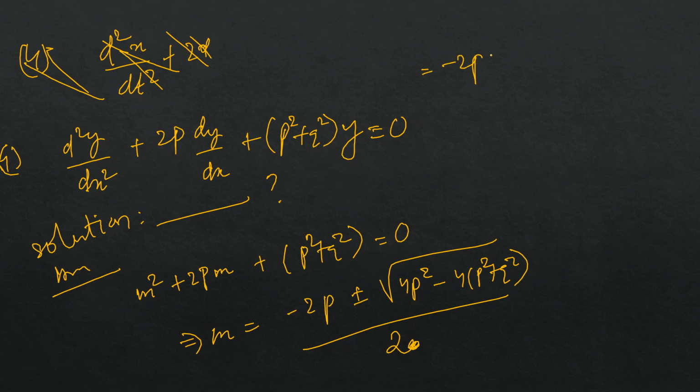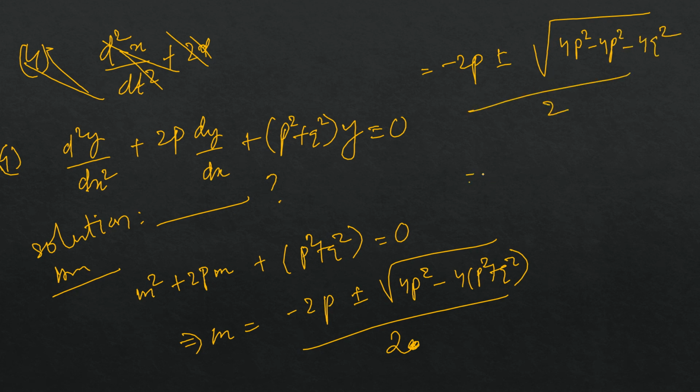So minus 2p plus or minus minus root over of q square by 2.